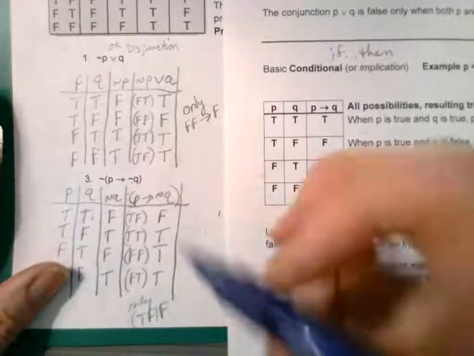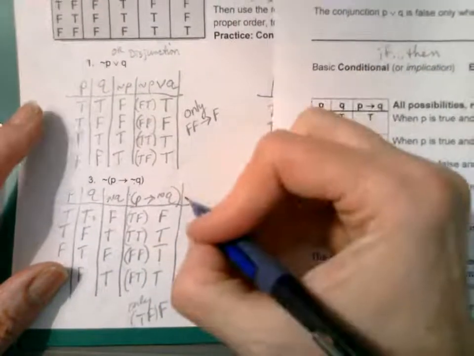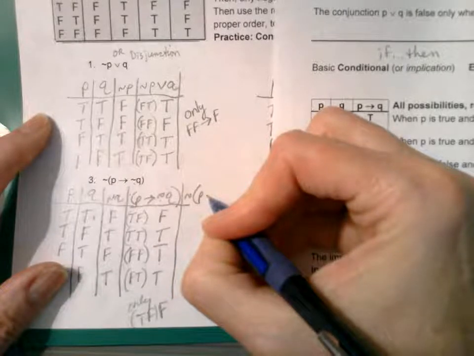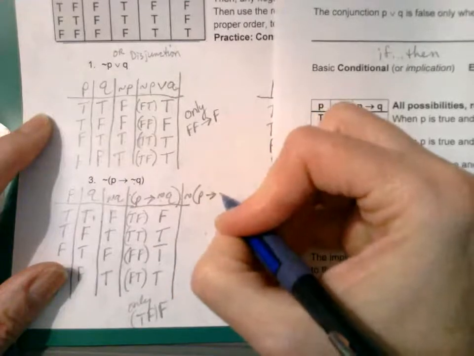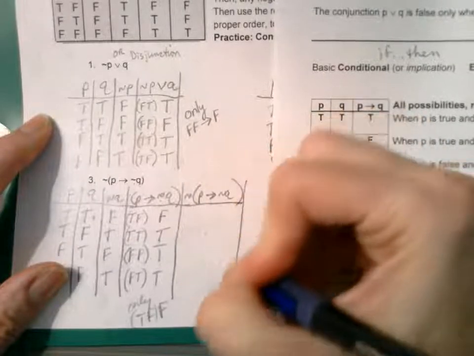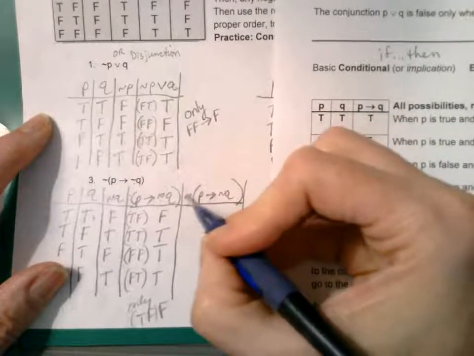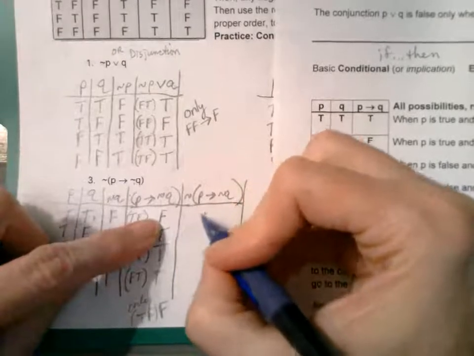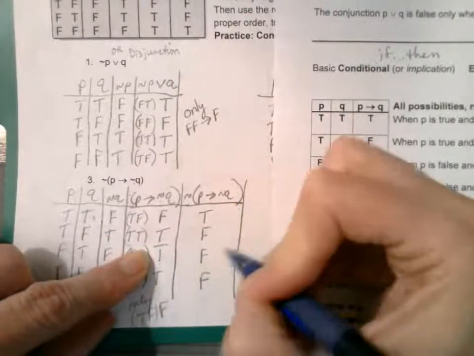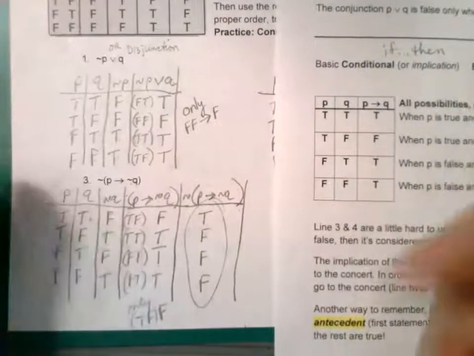But remember, we're negating the whole thing. So the last column is the opposite of what this is. This was an F, so that's a T. F, F, F. That's my final answer right there.